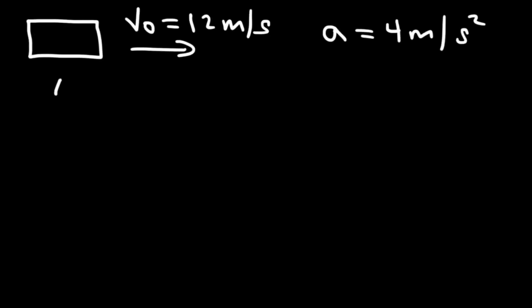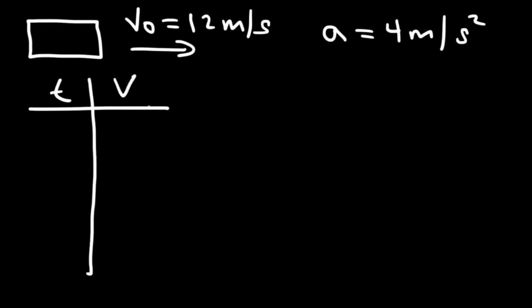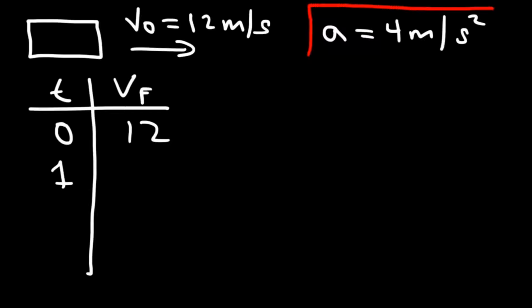So what does that mean? If you make a table, t for time, v for final velocity at a certain time, when t is equal to 0, the initial velocity is 12. So when t is 1, the final velocity has changed.